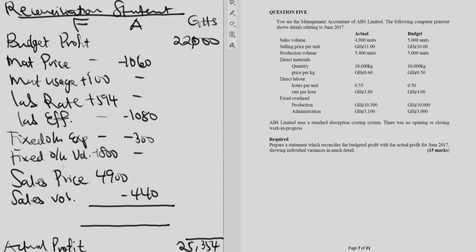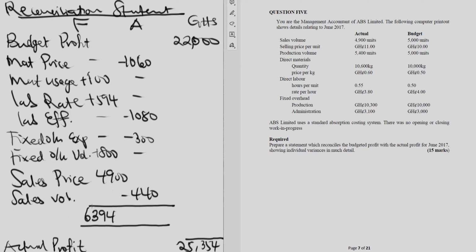So when you look at all the favorables, you have 100 plus 594 plus 800 plus 4,900. Okay, so putting this together, you have 6,394.